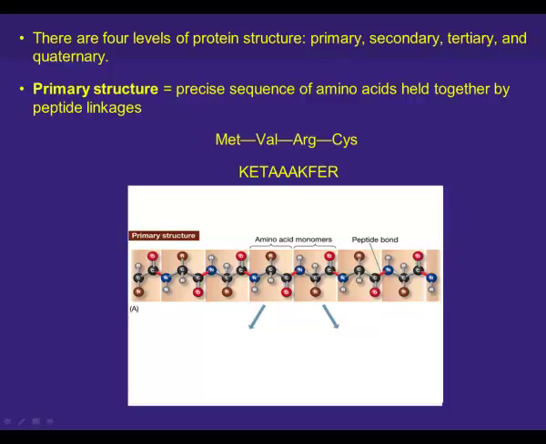The point being that because there are 20 amino acids, and because proteins can get to be very long, and because the precise sequence of these amino acids determines the actual structure of a protein, the number of possible protein structures is virtually limitless. It's extremely diverse.